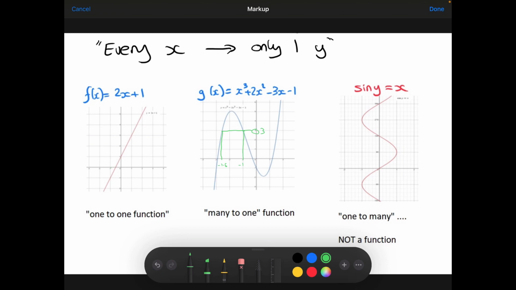That's okay in terms of the function definition, because every x goes to only one y, and there is only one y in this case, the 3. But there are two different x values that go to that. So two different x values go to one y value, so that's why we call this a many-to-one function, because there are many x's that go to one y.